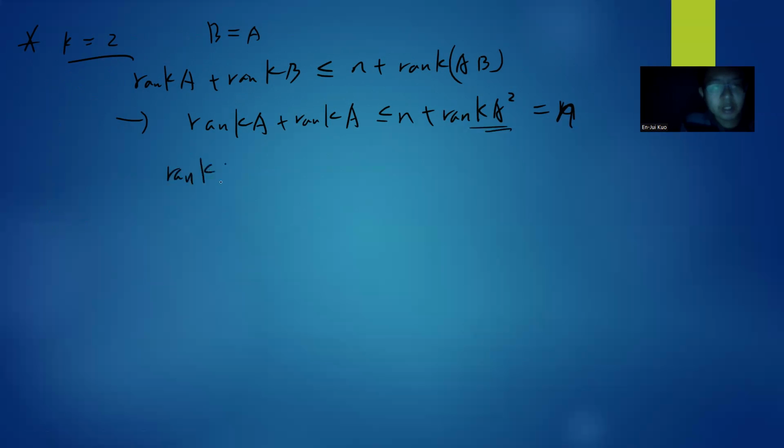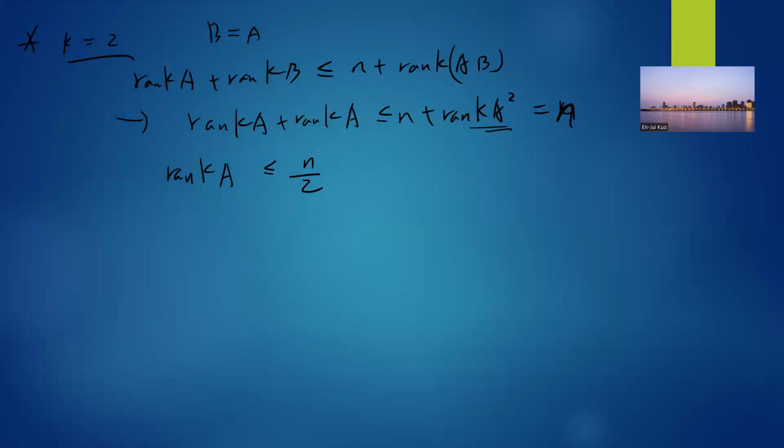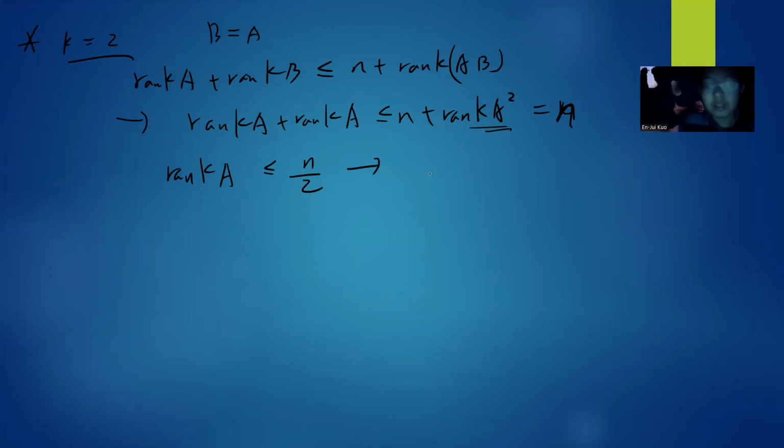So rank A is at most n divided by 2. I should write the floor: if n is even, then divided by 2; if n is odd, then I need to minus 1.